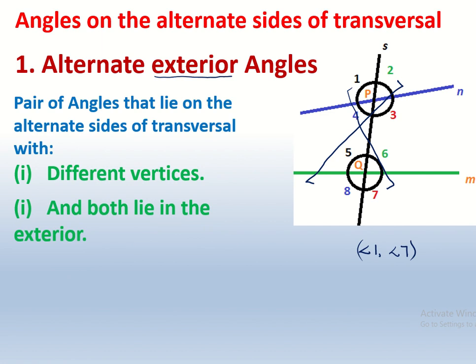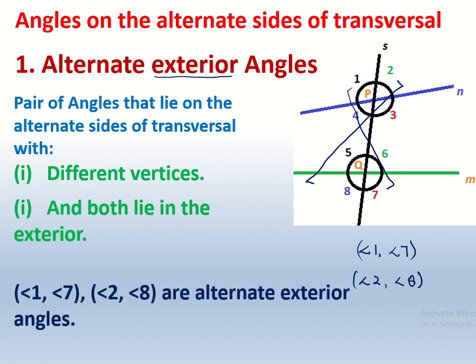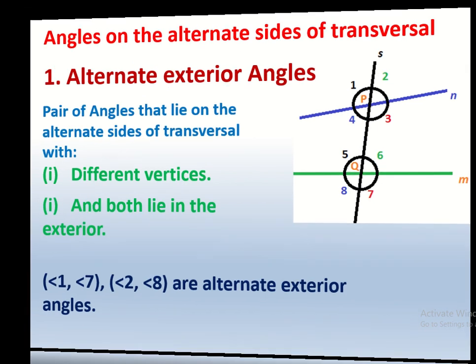Both of them lie in the exterior with different vertices and on the alternate sides of the transversal. So these are our two pairs of alternate exterior angles: angle 1, angle 7, angle 2, angle 8.